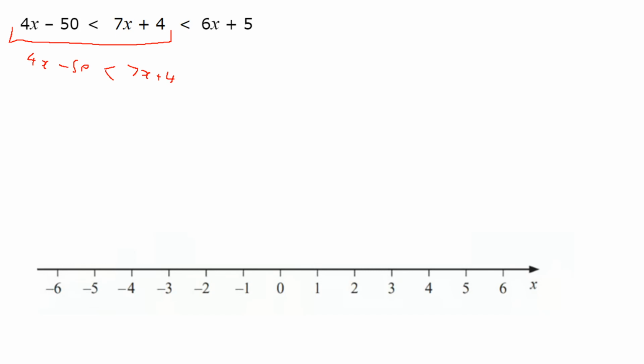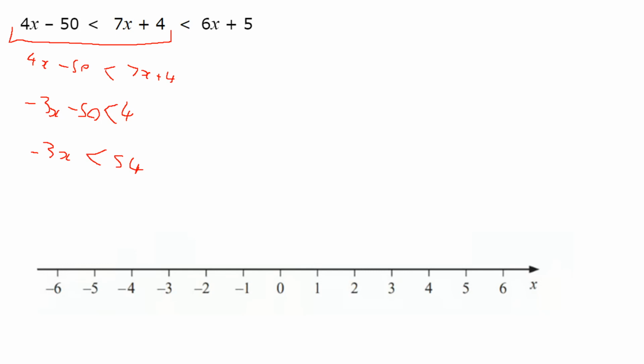Let's put all the x's on one side. So we're going to put the 7x on this side. So we're left with minus 3x minus 50 is less than 4. We're then going to put this 50 on the other side. So we're left with minus 3x is less than 54.